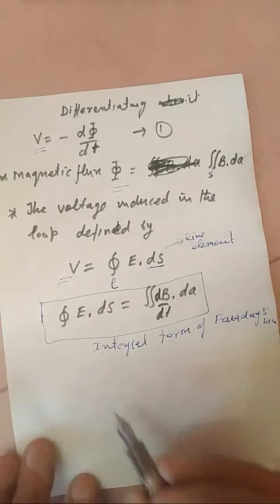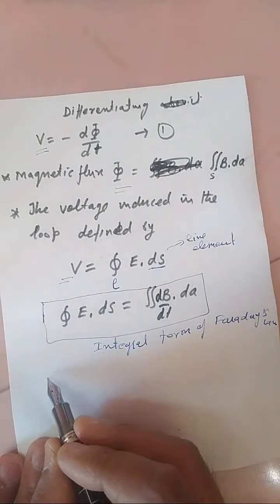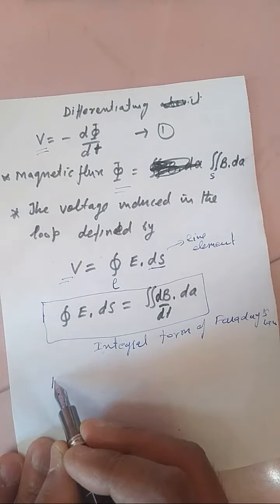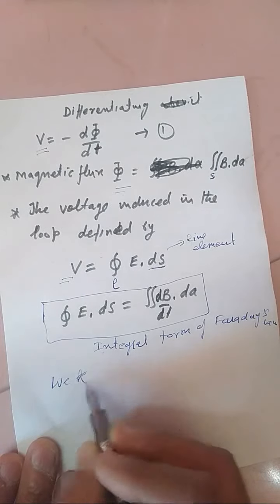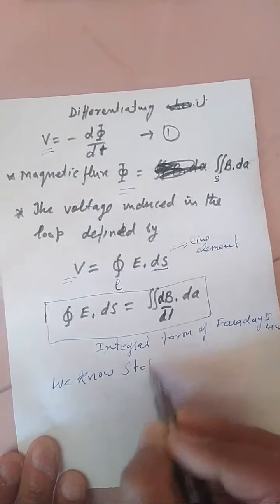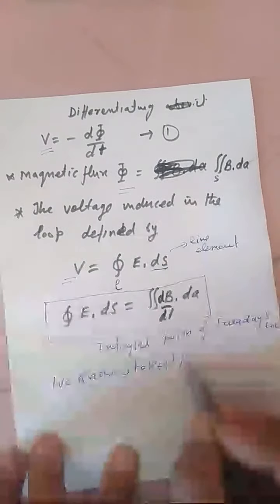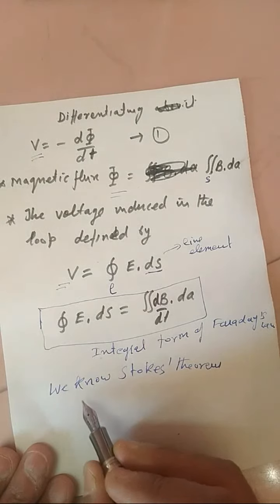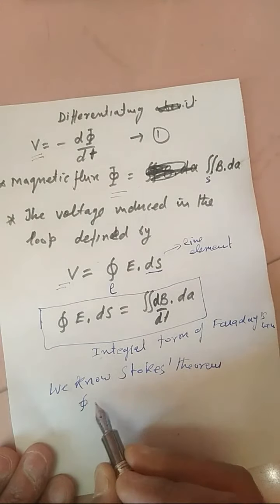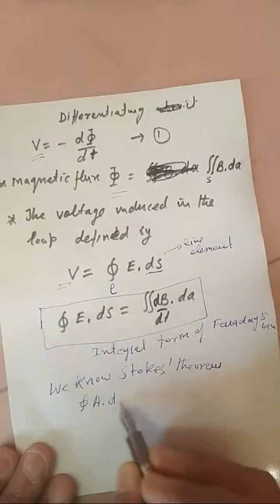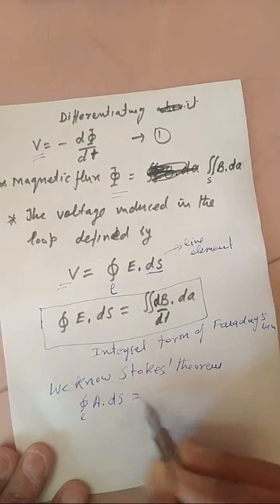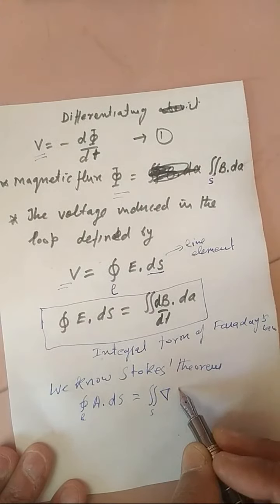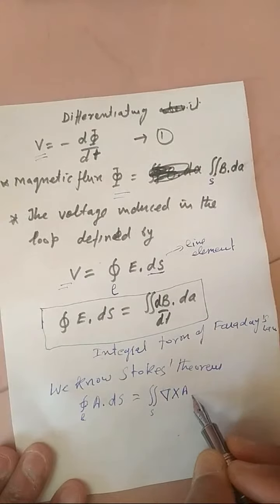Now we will make use of Stokes theorem. For example, for a field vector A, the line integral of A dot ds is equal to the surface integral of curl of A dot dA.